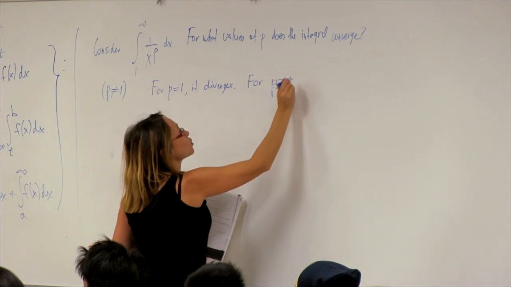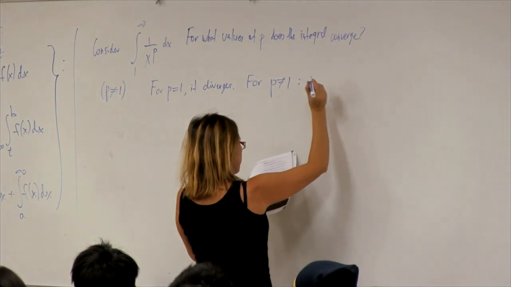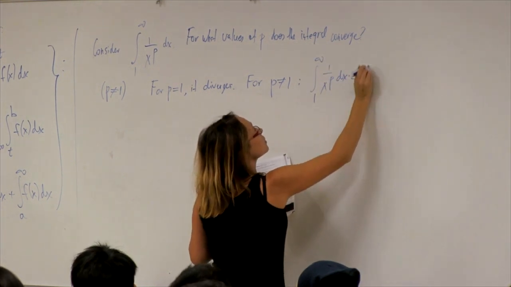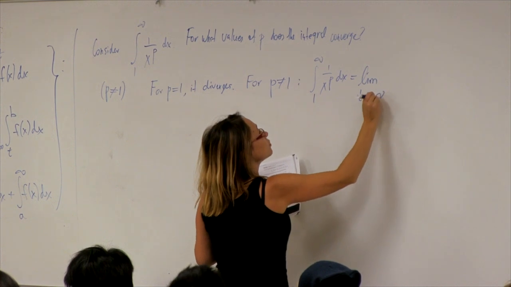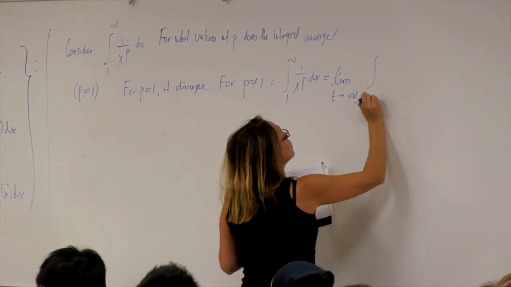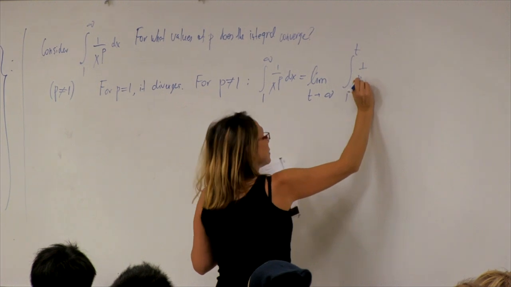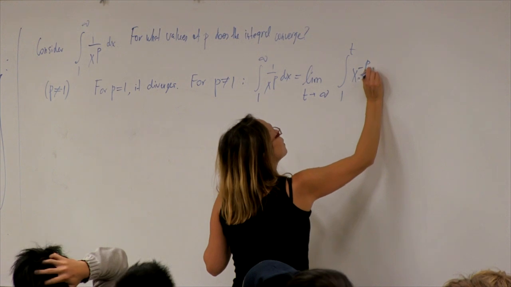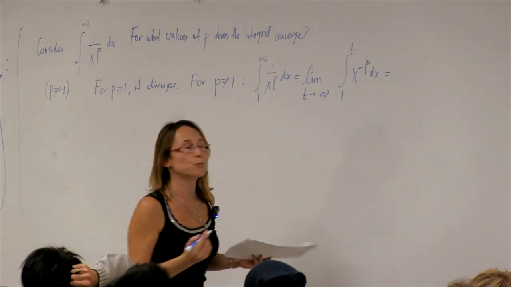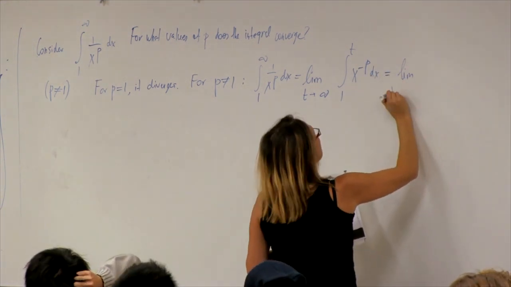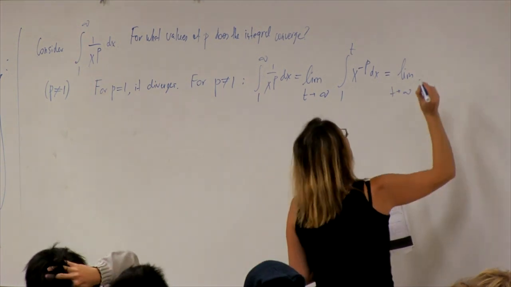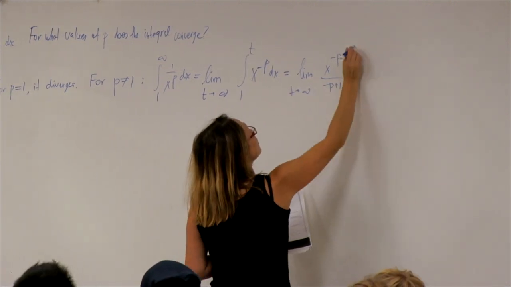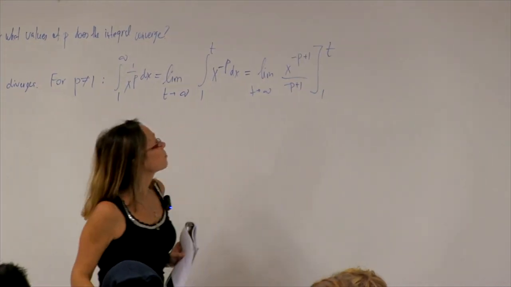For p not equal to 1, what do we have? We have the limit. So the integral of 1 over x to the p dx is equal to the limit as t goes to infinity of the integral from 1 to t of x to the minus p dx. So we can take the antiderivative, x to the minus p plus 1 over minus p plus 1, evaluated at 1 and t.